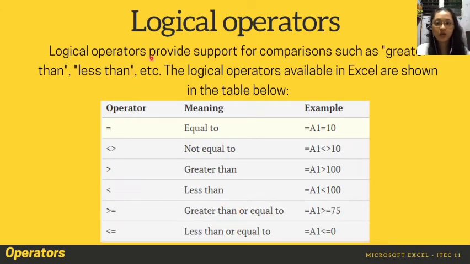So for the logical operators, we have equal to, for example, A1 is equal to 10. And this one, not equal to, greater than, less than, greater than or equal to, less than or equal to. That is an example of the logical operators.